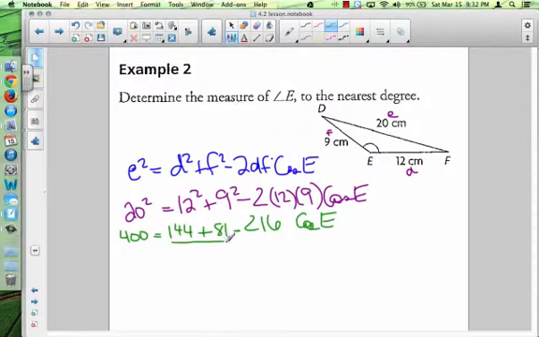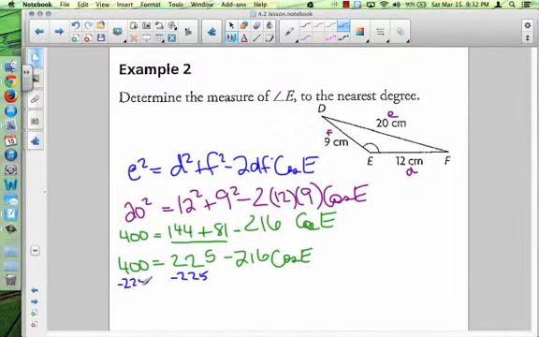Okay, I can group 144 and 81. So I have 400 equals 144 plus 81, which is 225, 225 minus 216 cos of E. I need to get rid of that 225, so I'm going to minus 225 from both sides.